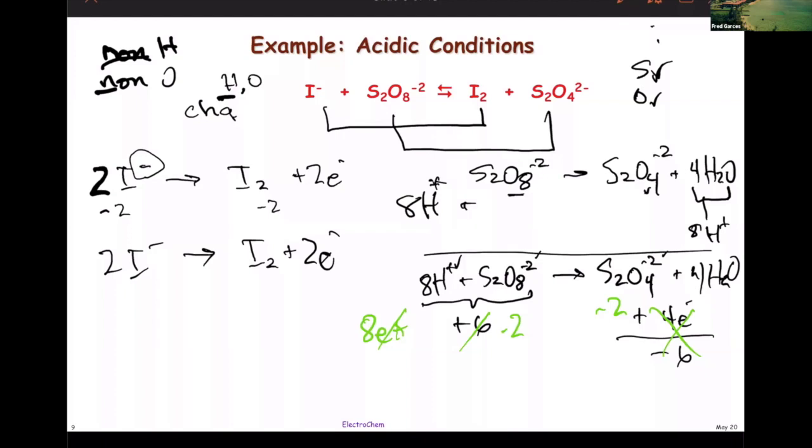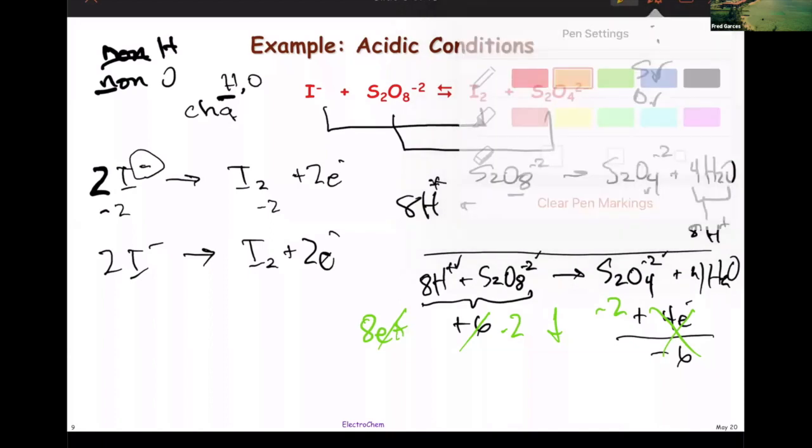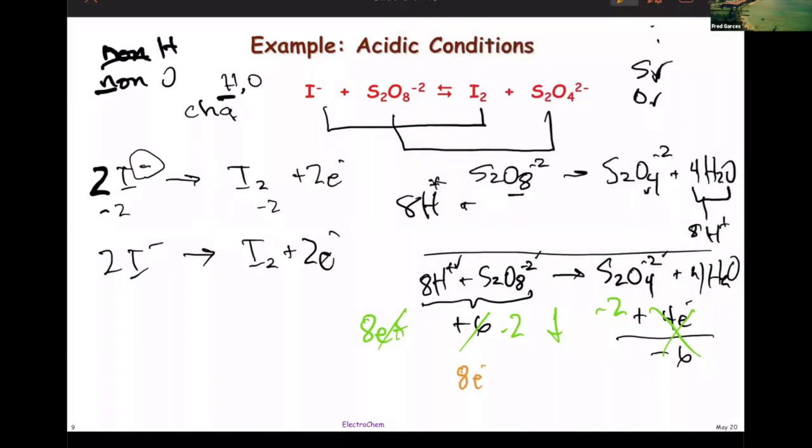So our net equation here is 8 electrons plus 8 hydrogens plus S2O8 negative 2 goes to S2O4 negative 2 plus 4 waters.